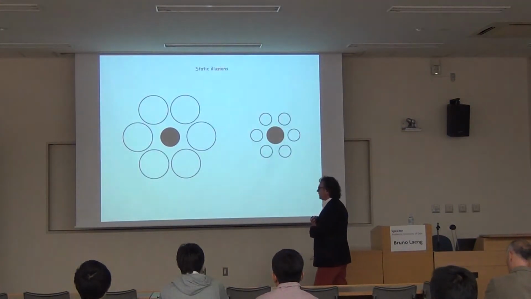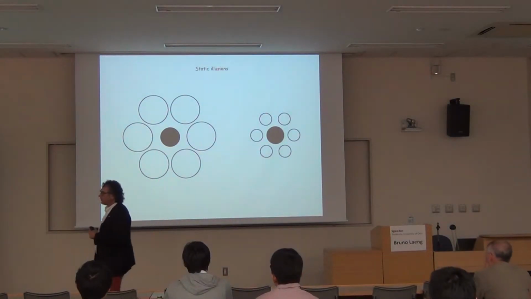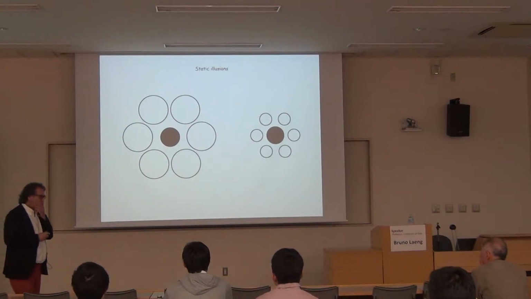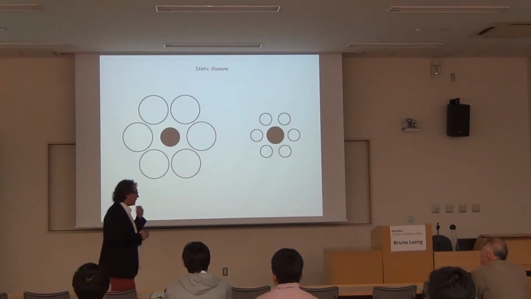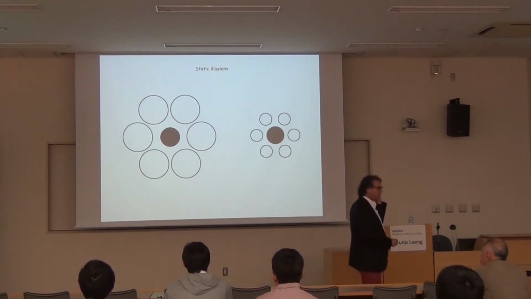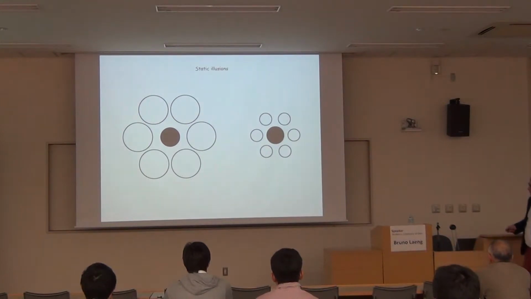What I want to do now is to describe another property that has been described rather recently about illusion. So this is a different kind of illusion. It has nothing to do with brightness or lightness and so on. It has to do with size. So it works on most people, not everyone.